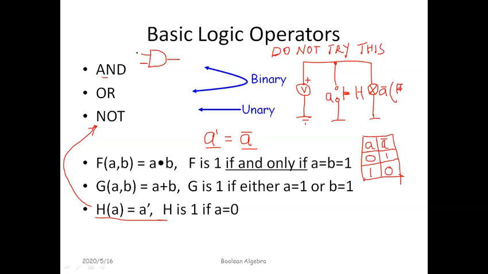So we have A here, and B here, and F here. So this F is the one where we illustrated as being A dot B.